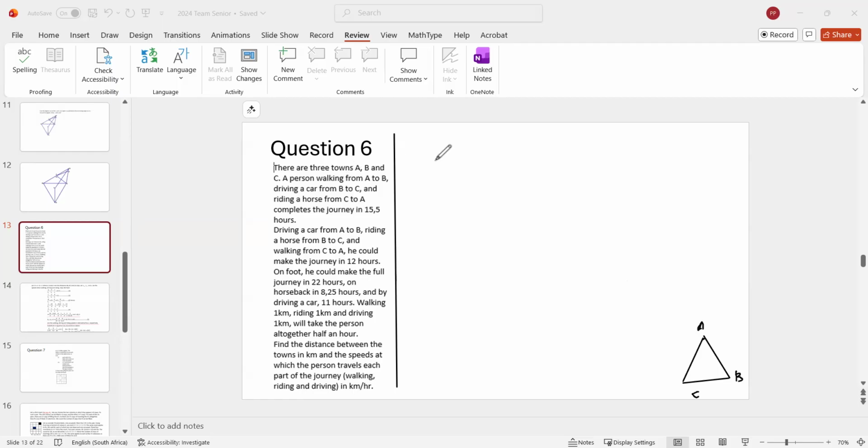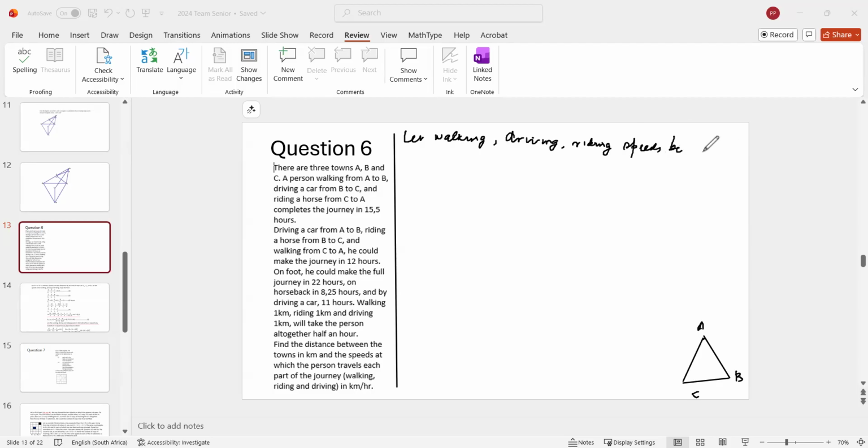The walking speed, driving, and riding. We'll give a name to these speeds.